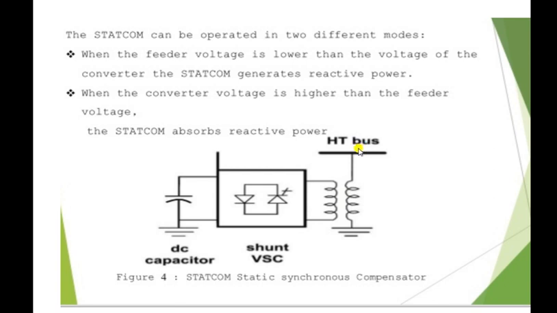It also acts in one more mode: whenever we face the problem of over voltage in case of a low load condition, at that time this STATCOM will be able to absorb the excessive reactive power. Whenever the excessive reactive power is absorbed by the STATCOM, we can have a reduction in the excessive voltage at the power system, and we can bring the voltage down to the nominal value. So this is how FACTS devices are used for controlling the reactive power and voltage magnitude in the power system.